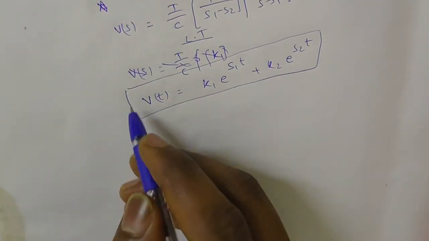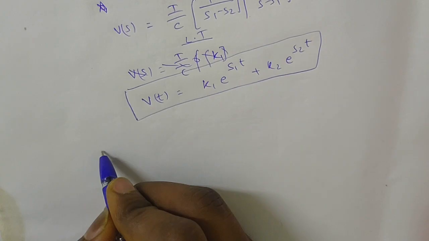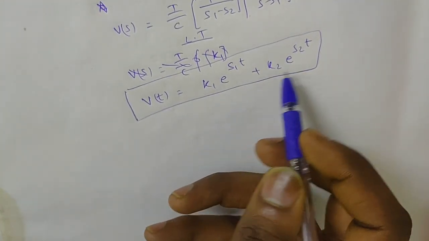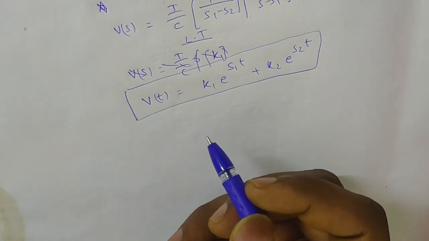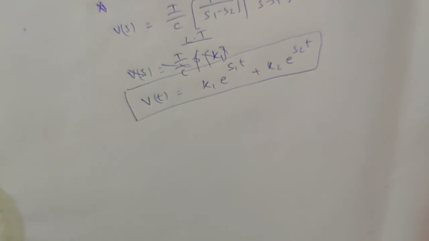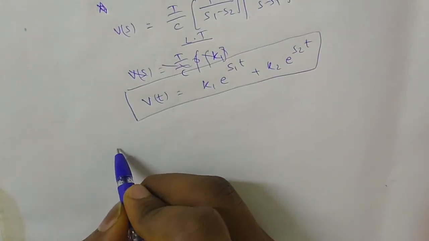For the roots, s1 and s2 are the roots. Based on the roots, this expression will be expanded based on the conditions, as we have seen in the previous series circuit.